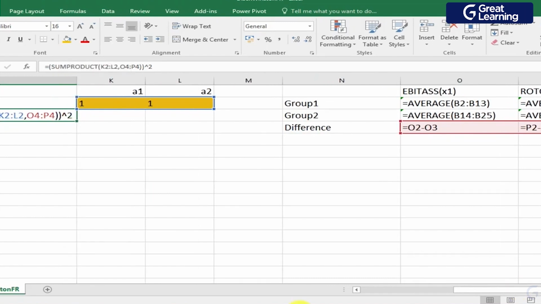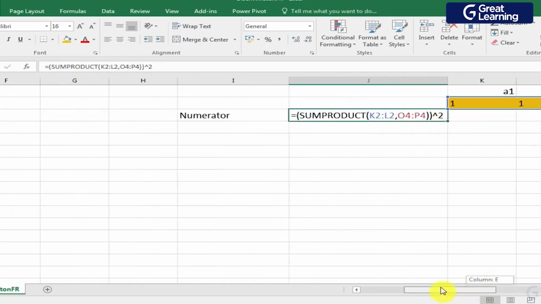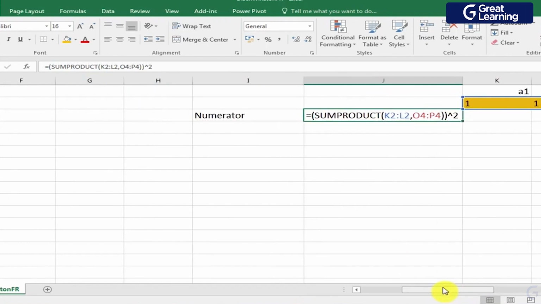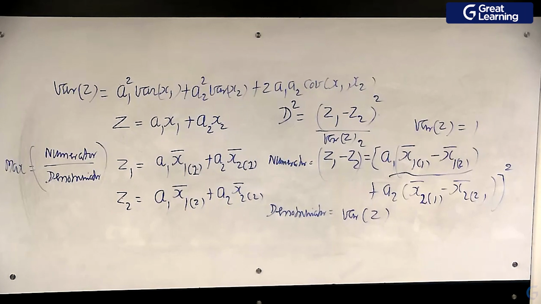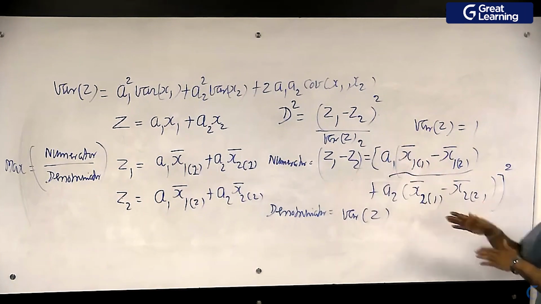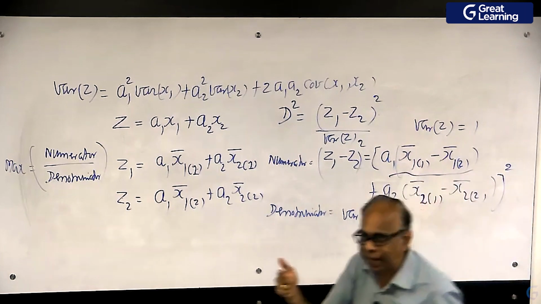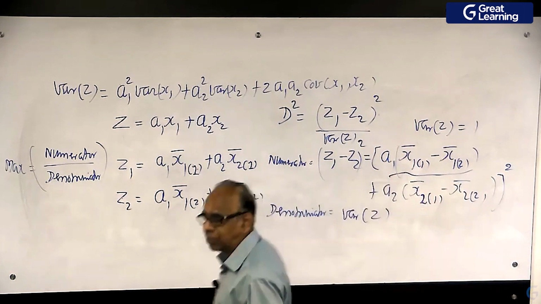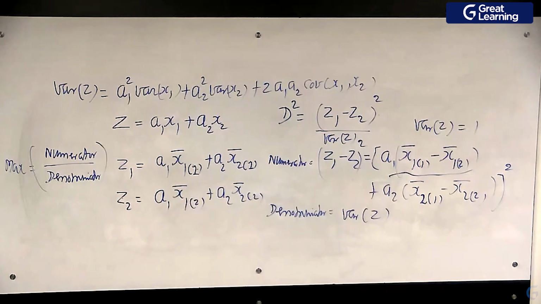Is equal to sum product K2 L2 O4 P4, the whole square, I put an outer bracket. Is it clear to you? In other words, in Excel, I am not doing anything special. This part, outer bracket is sum product. Then I put a bracket square, the sum of squares. You should not by mistake square only the first two terms, that is incorrect. The whole expression is the distance and that is a square.